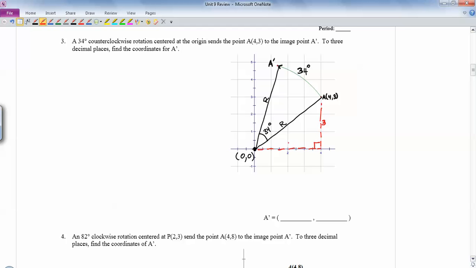The run is 4. And so we can do Pythag to get r. So r squared equals 3 squared plus 4 squared. And that means r squared is going to be 9 plus 16, which ends up being 25. So r equals 5.